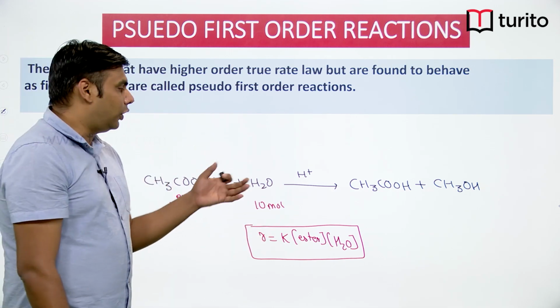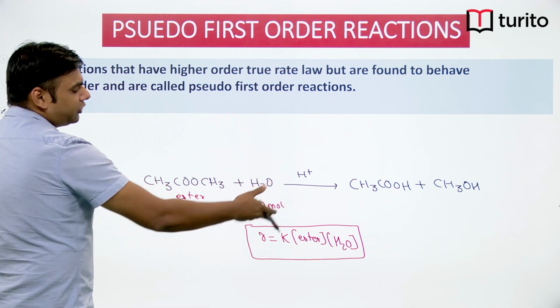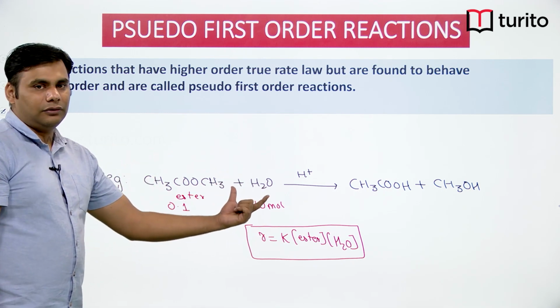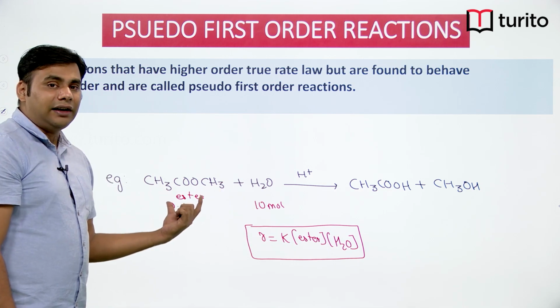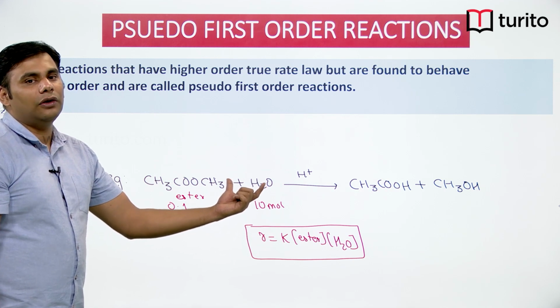When water is in excess, almost 10 moles would remain in the solution. When you are hydrolyzing a substance, the amount of water that is reacting would not change much.